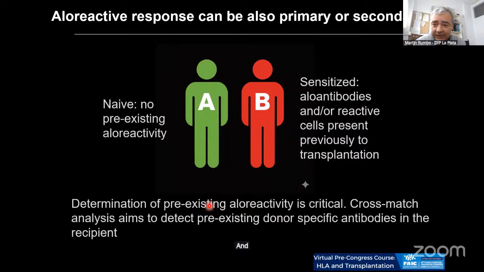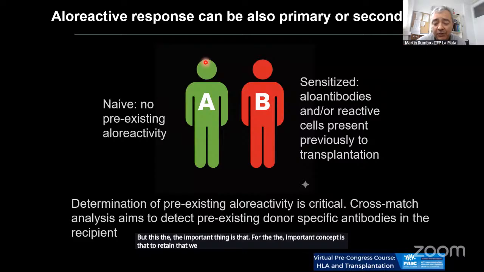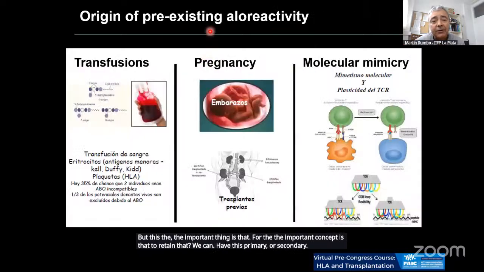And well, we will discuss much more about this type of procedure in the course. But the important concept to retain is that we can have this primary or secondary alloreactive response.